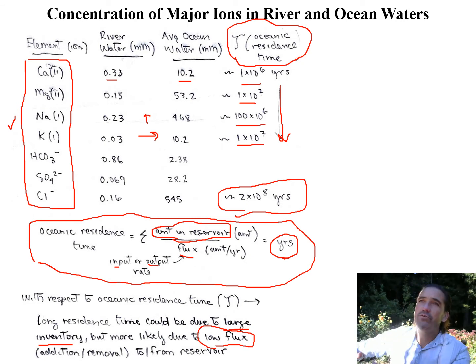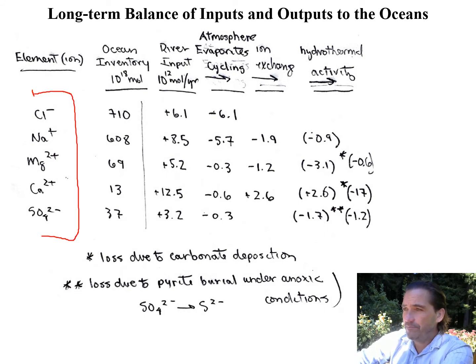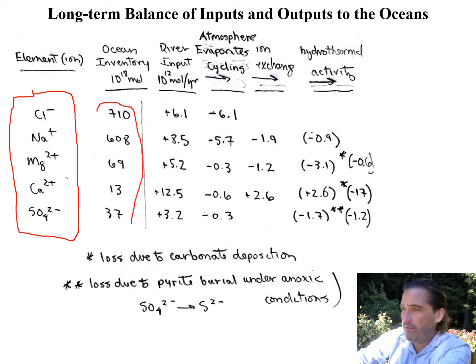How they are able to get out of the ocean and back on land is a very slow process. So I've selected a few of these elements to talk about and look at how they can actually go from the ocean environment and back onto the continent.